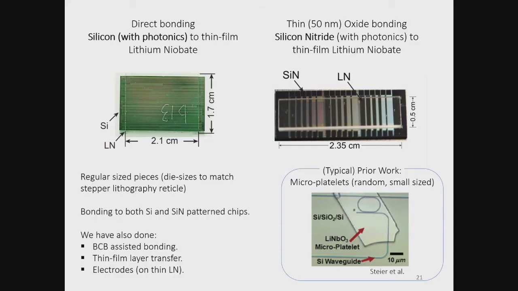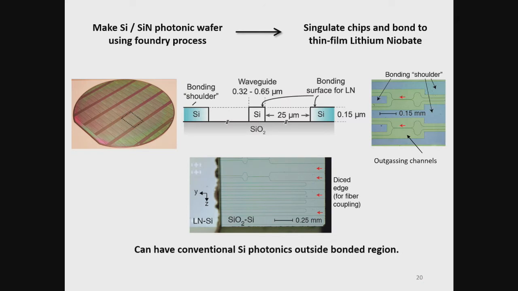And then, as this showed, the width of this feature can change. It actually changes from about 650 nanometers down to 320. What this does is lower the effective index and push the mode into the lithium niobate, which has the next higher index.